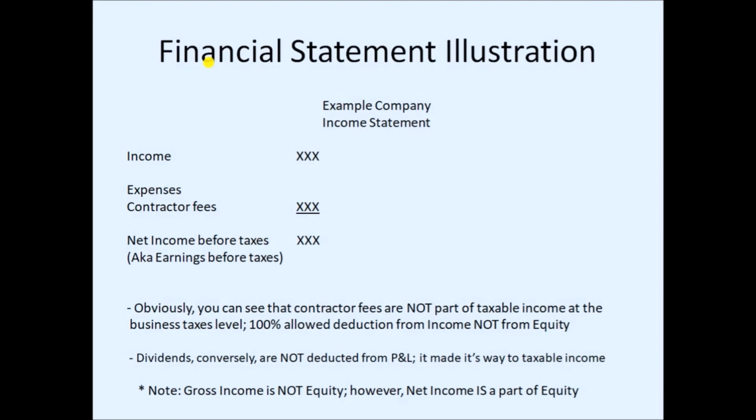There is no deduction for dividends from income here on the income statement. So by that fact, it's going to end up being a part of taxable income on the business tax return, and at that point, you know what happens next. It gets taxed. Note: gross income is not equity. However, net income is a part of equity.